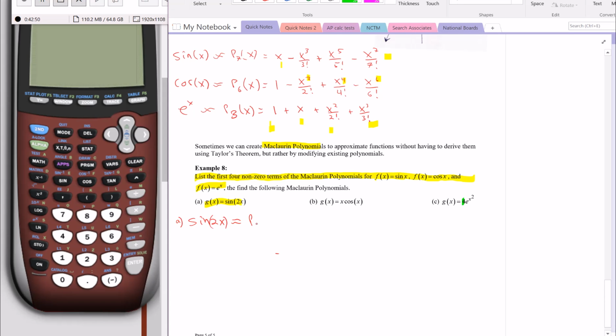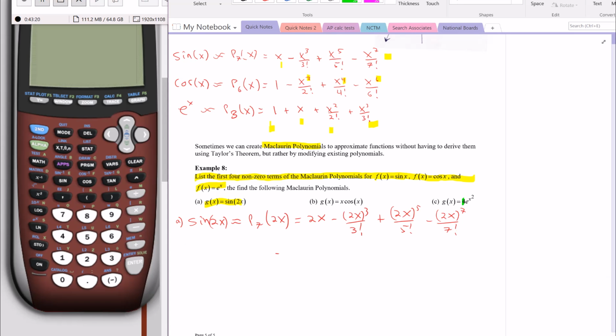It can be approximated by this thing, the 7th degree polynomial approximation, which is just simply plugging in 2x everywhere you see an x. It's just a substitution kind of thing. And you could simplify that as much as you want to.